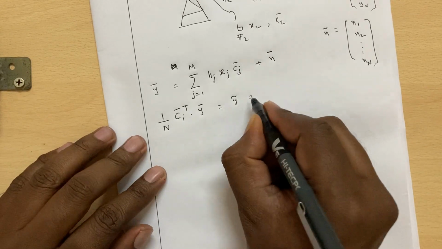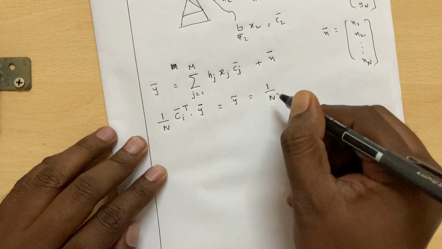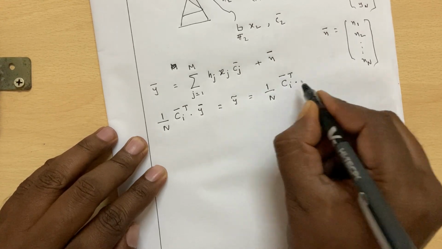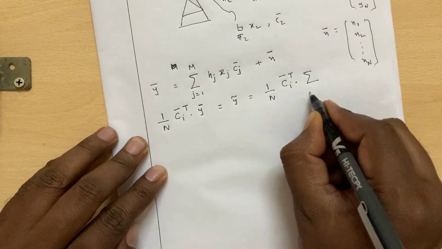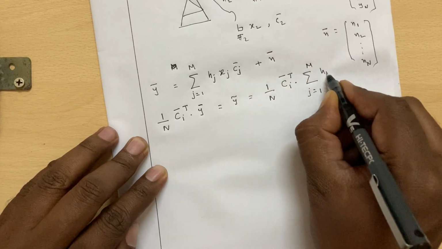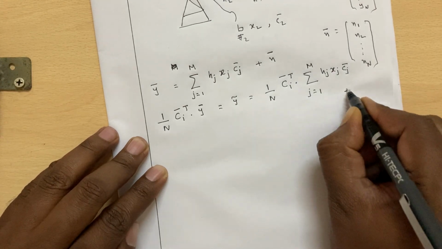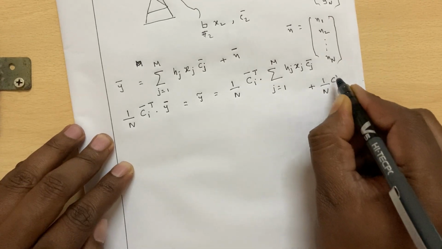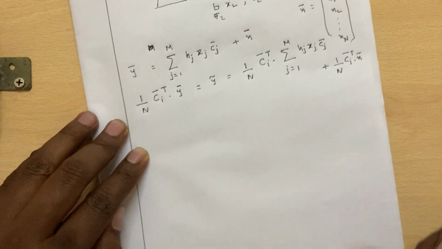So y tilde is equal to 1 by n, ci transpose dot product with the sum over j equal to 1 to m of hj xj, plus 1 by n ci transpose dot product with the noise vector.